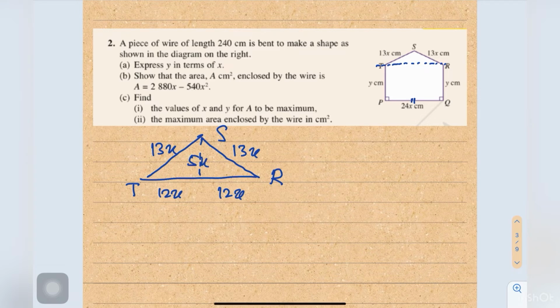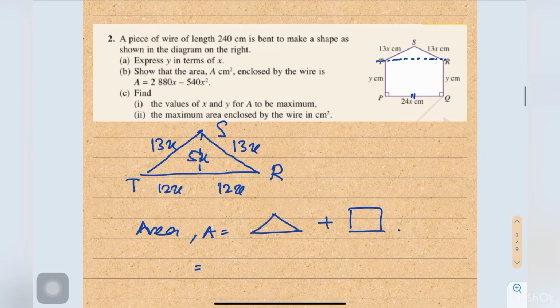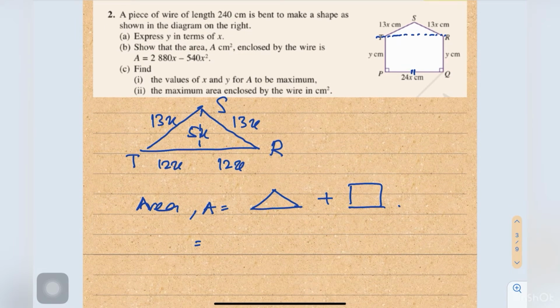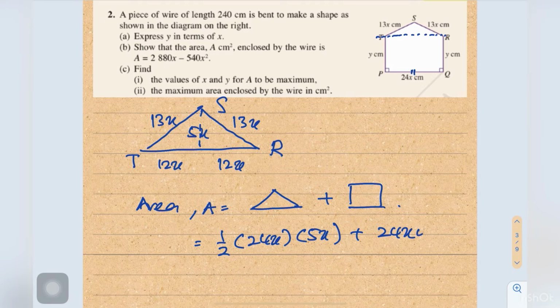Then to find the area, the area of this shape is A equals triangle plus rectangle. The formula of triangle is 1/2 times base times height. So 1/2, base is 24x, height is 5x, plus the rectangle is 24x times y. From question A we have y.